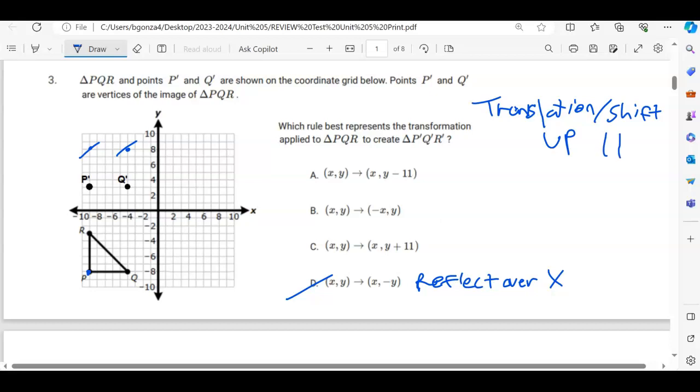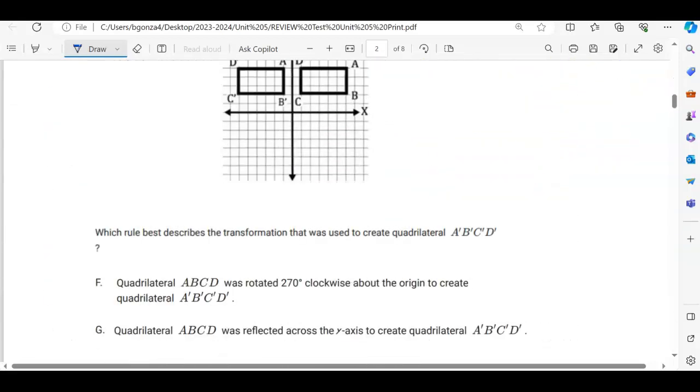So what that does to our y value, it's up 11, so it's plus 11. Okay? Because it goes up to the primes. It's not going from the primes down to the non-primes. Okay? So the best answer is going to be letter C because it's shifting up 11.